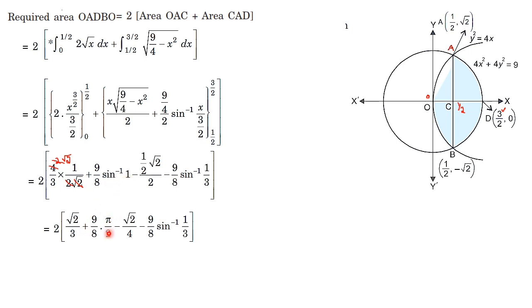Sine inverse 1 is pi by 2, minus root 2 as the numerator, and the denominator comes along with this 2, so 2 into 2 is 4, root 2 by 4 minus 9 by 8 sine inverse 1 by 3. Only thing is that at substitution time you need to be a little careful. Even if I include it here, the video will be lengthier, so I simply leave it. Check whether you are reaching this level or not.